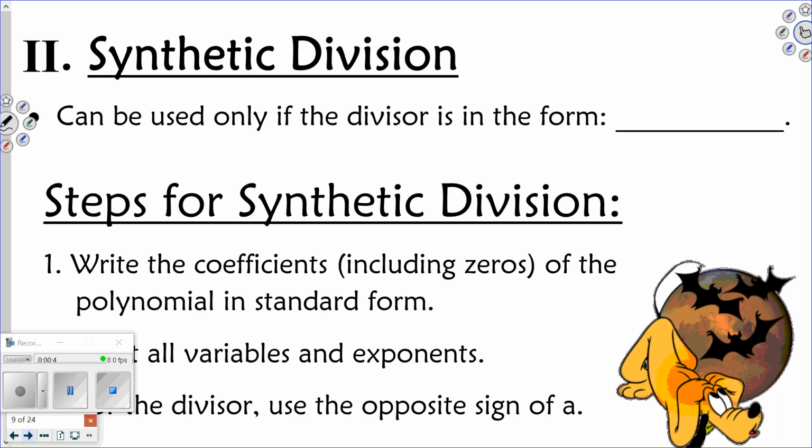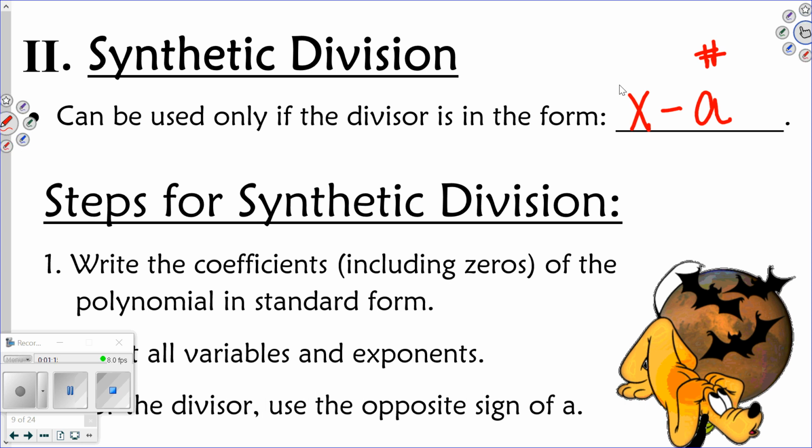All right, so synthetic division. The reason I don't just teach you this is because it cannot be used for everything. It can be used only if the divisor is in the form x minus a, where a is just some number. So if I'm dividing by x minus 5, x plus 2, or x minus 100, it has to be x and then plus or minus a number.